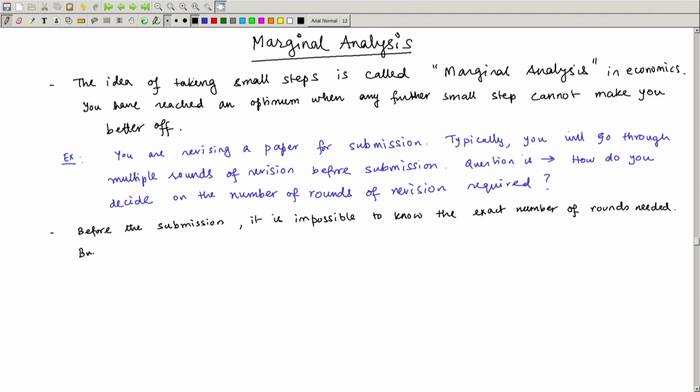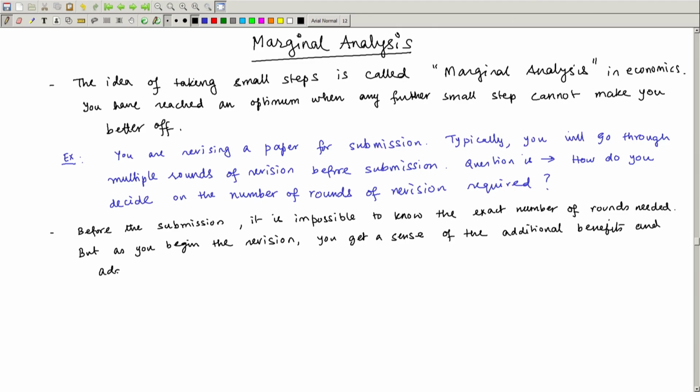But as you begin the revision, you get a sense of the additional benefits and additional costs involved with each round of revision.